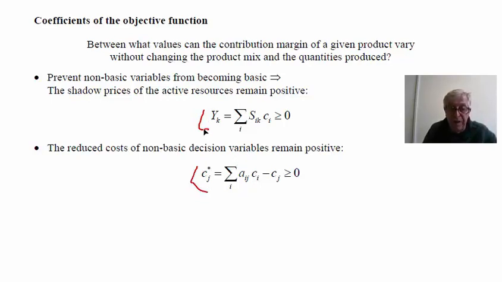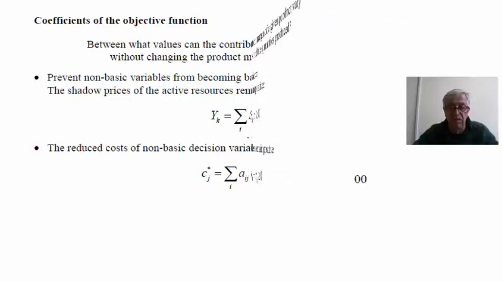So in order to maintain the base, the shadow prices that are positive must remain positive. That is, the active restrictions must remain the same. And of course, the products that are not being produced, which have a reduced cost greater than 0, must remain also in that situation.